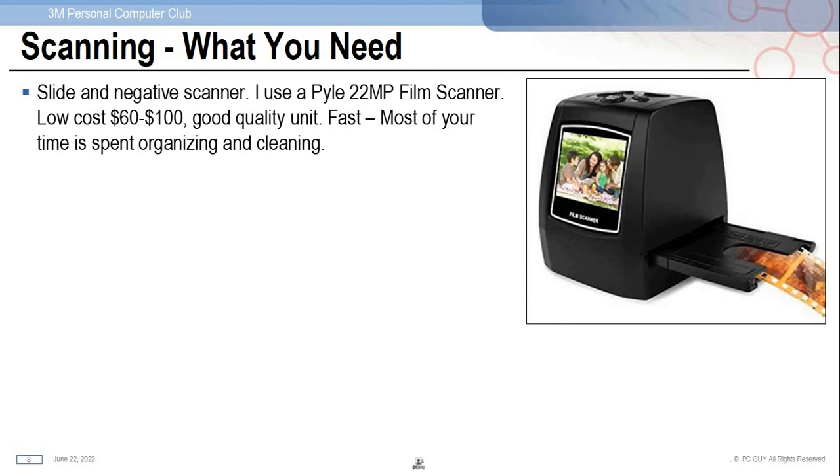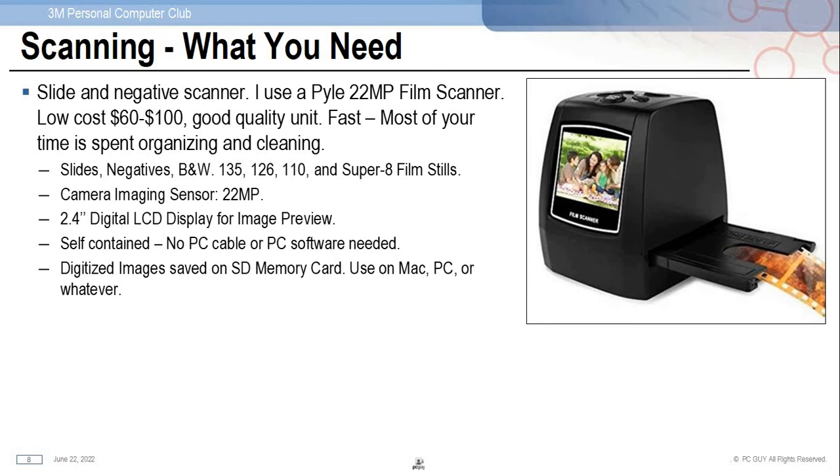Most of the time that you spend is spent organizing or cleaning these slides and negatives before you stick them in. What you get with a unit like this is a bunch of these holders. This will work with slides and negatives, color or black and white. It'll work with 35 millimeter film, 126, 110, and it'll even work with Super 8 films.